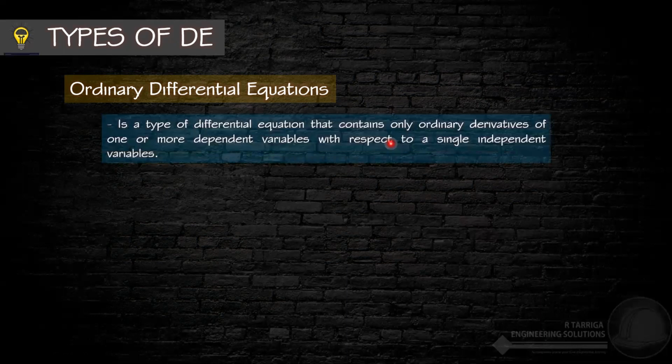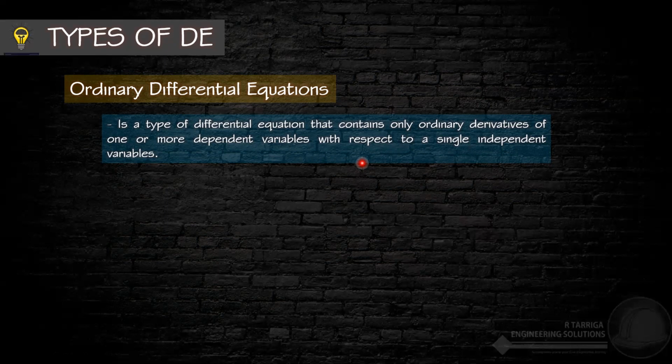What is an ordinary differential equation? This is a type of differential equation that contains only ordinary derivatives of one or more dependent variables with respect to a single independent variable.